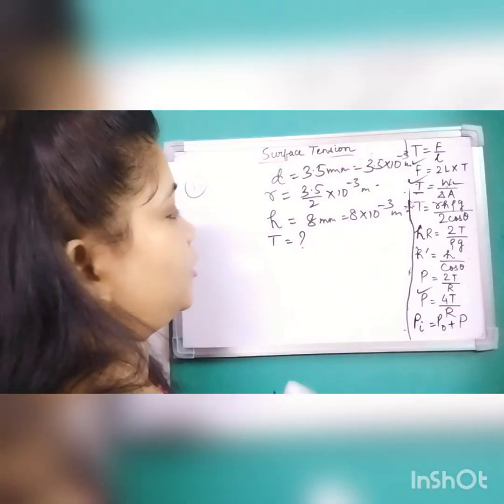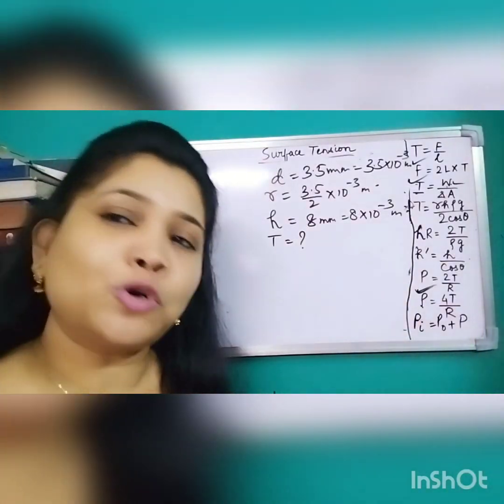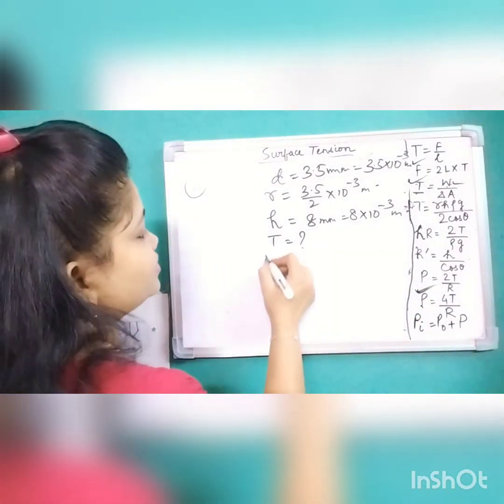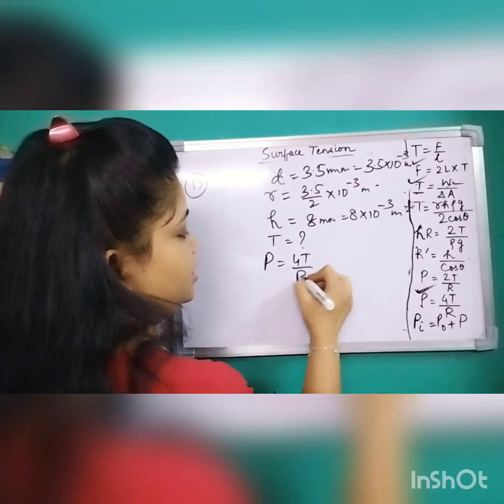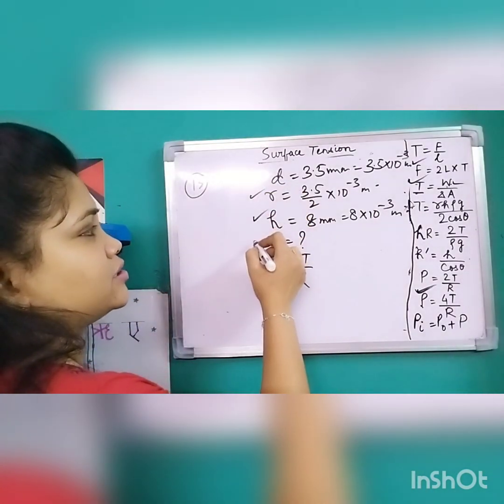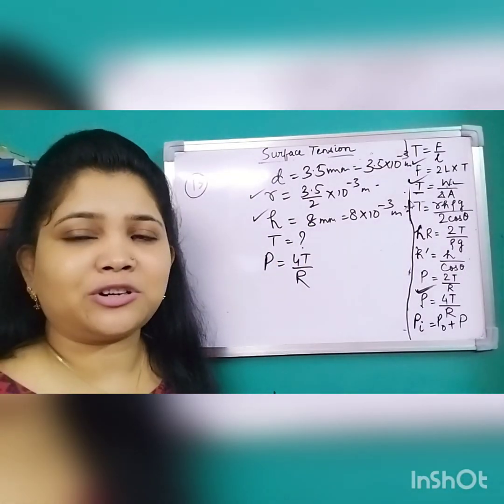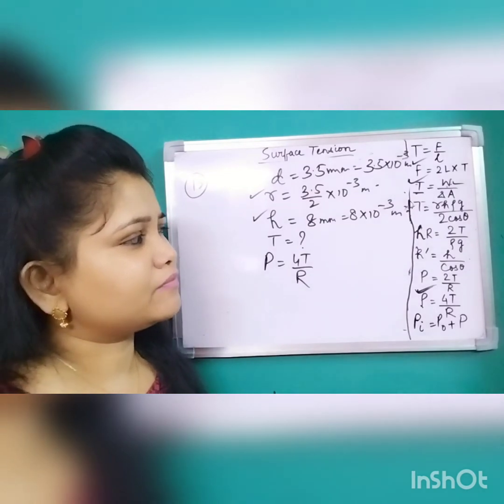What else is given? Nothing is given. Now students, obviously for soap solution, pressure P is 4T by R. Okay. So, P is equal to 4T by R. Now, from the quantities given to you, you know R, you know H, nothing else you know. Okay. And what you have to find out? You have to find out the surface tension. Right?